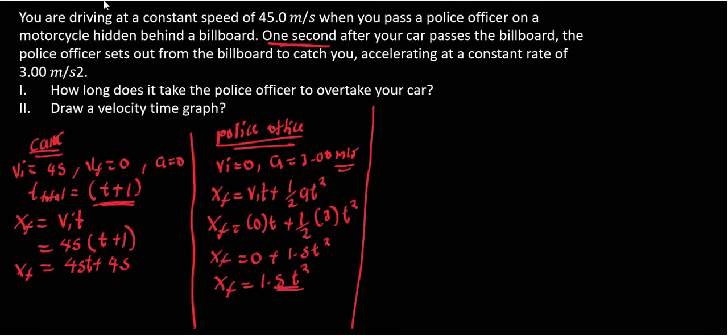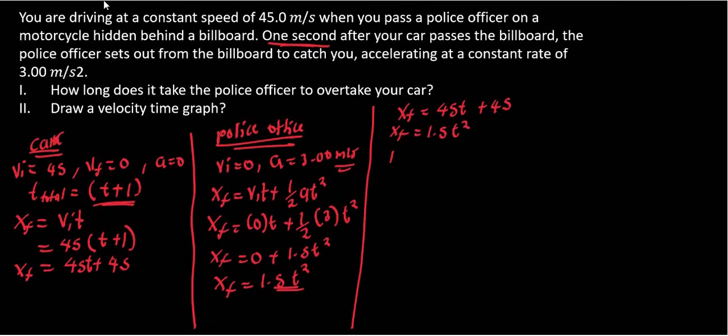Okay. Now, after doing that, we need to equate these formulas. So you have this part 45 t plus 45, then the other one 1.5 t squared, right?